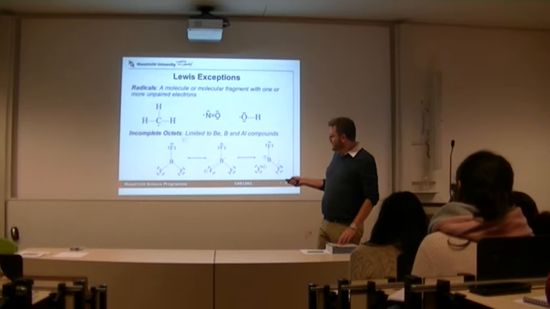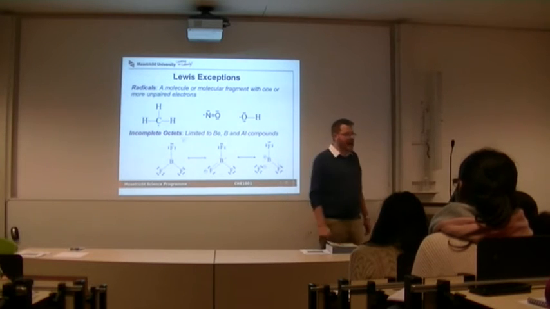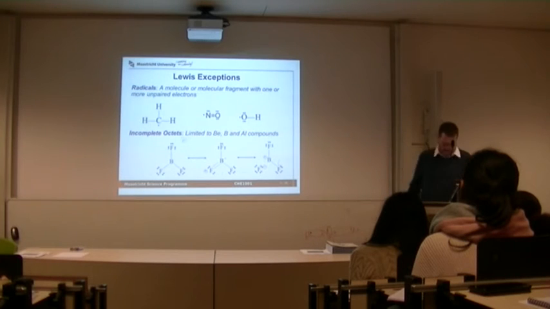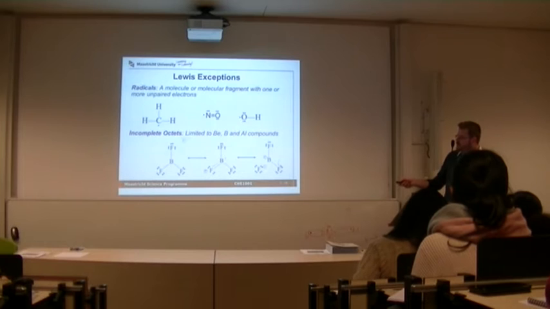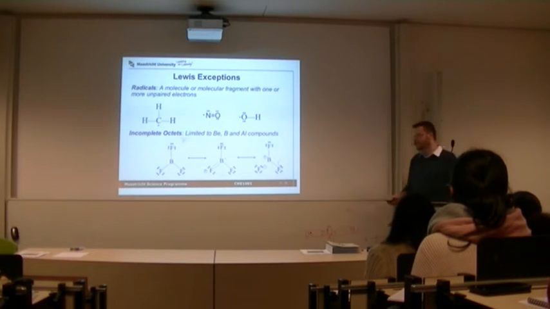But the problem with that is, okay, then the boron and the fluorine have 8 electrons around them. So we've complied with the octet rule, but then I introduce formal charges on the boron and the fluorine.